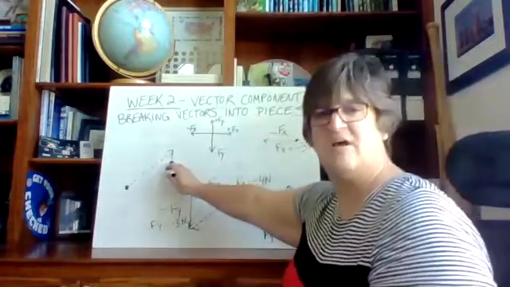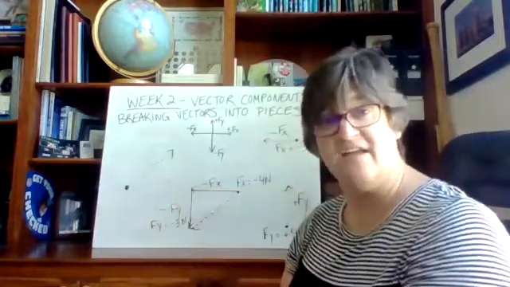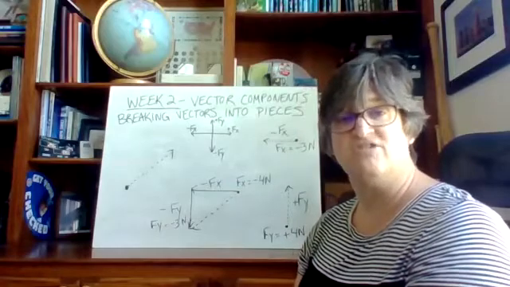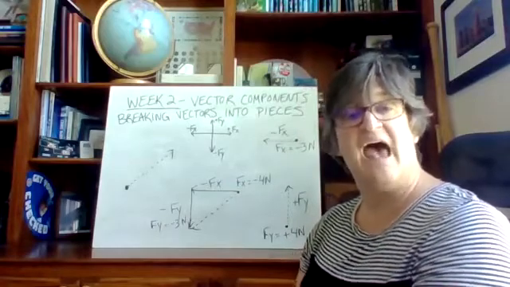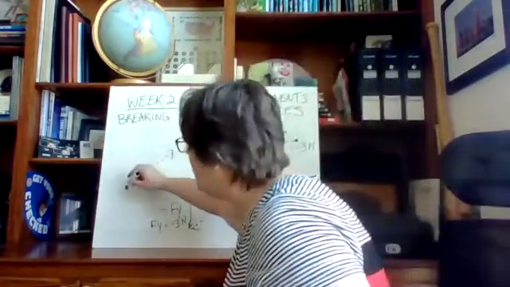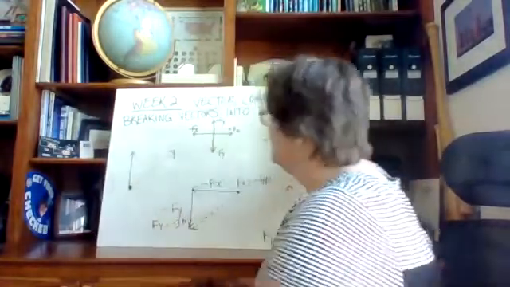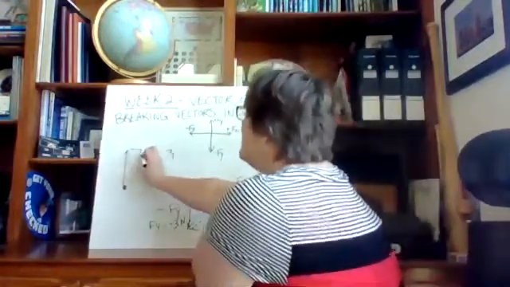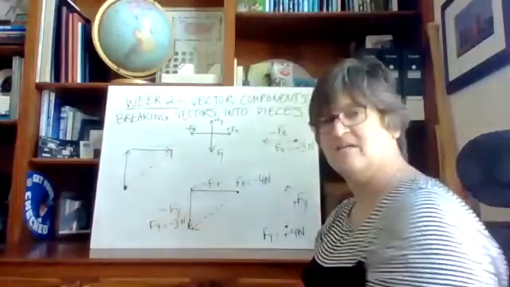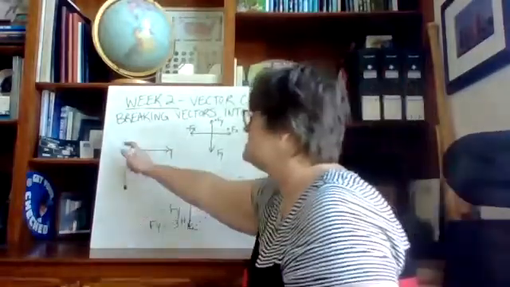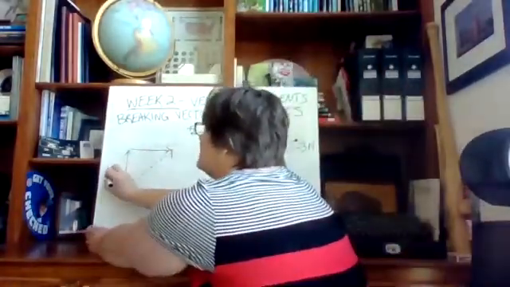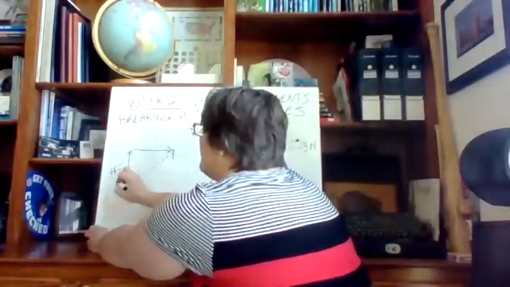What if we had this one right here? It's a diagonal line. We would break it up into vector components, or pieces. It has a Y piece and it has an X piece. The Y piece is going up, so it would be a positive Fy.